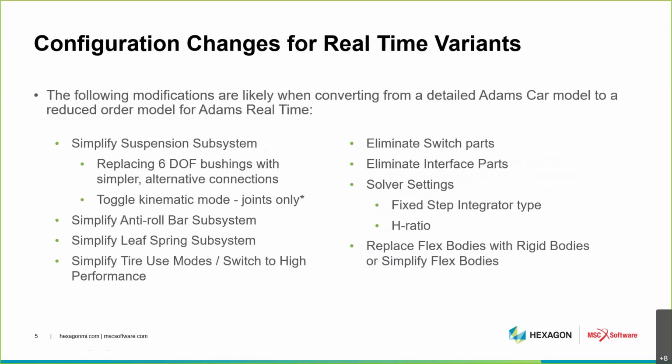The integrator type will be set in Adams and then exported, as is the H ratio, but these solver settings are controlled by the user. The flex bodies add a lot of complexity, and you are likely to want to replace your flex bodies with rigid bodies or a simplified flex body. And again, these are all the different types of changes that would typically be made.